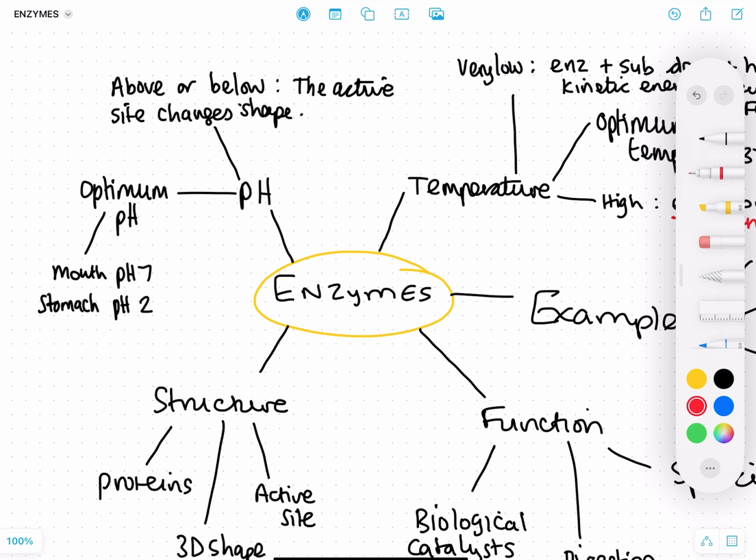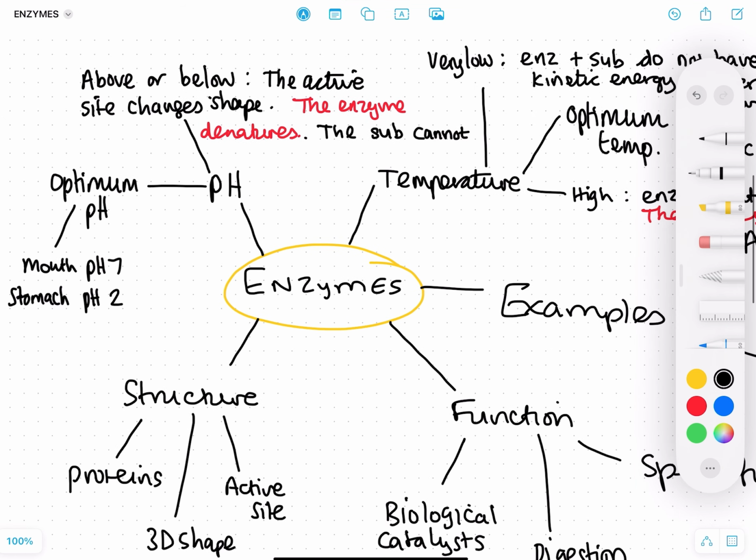So that same keyword, the enzyme denatures. This means the substrate cannot bind to the active site and there'll be fewer enzyme substrate complexes, and a slower rate of reaction.